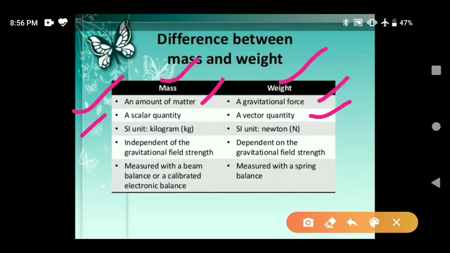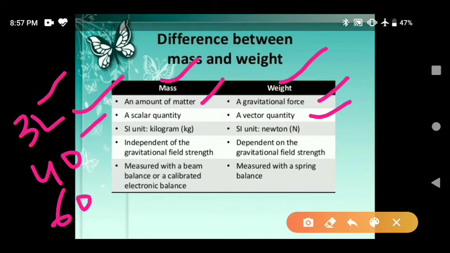The quantities which contain only the magnitude, like 32, 40, 60, meaning numerical values, are scalar, and a vector quantity means 30 kg or 30 Newton in downward direction, 40 Newton in upward direction. So this is related with direction.